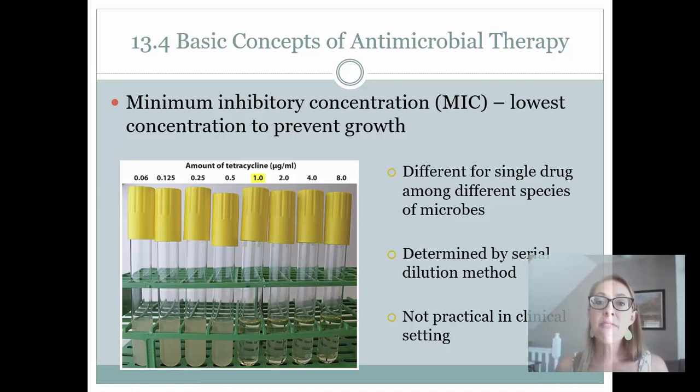After we have our entire media set up, we take the same amount of bacteria and we inoculate all of those tubes with the same amount of cells. And then we let them grow up overnight in an incubator. And this is what we see. You'll notice at the end down here where our concentration of antibiotics is low, we have cloudy media.